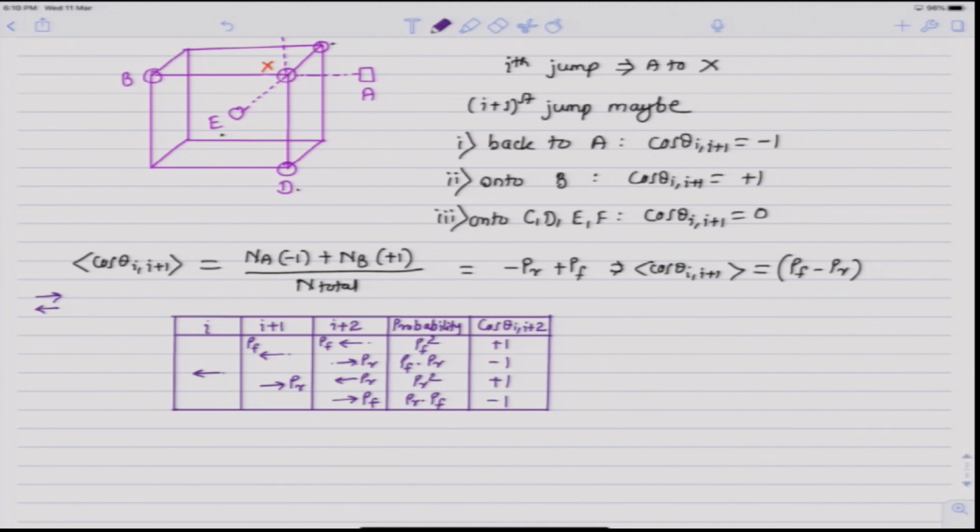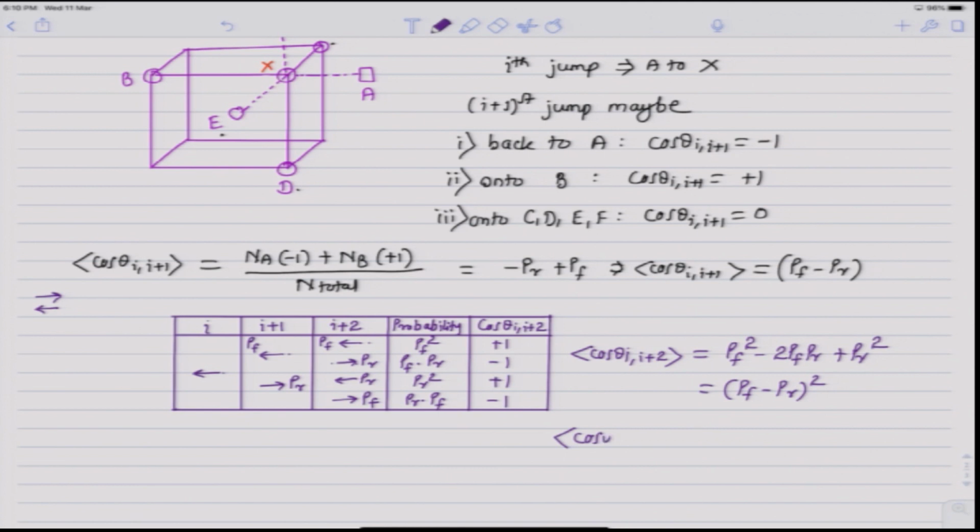So, the average of cos theta i+2 would be P_F squared minus 2 P_F P_R plus P_R squared. If we sum this and multiply by the corresponding cos theta i+2, we get this, which should be equal to (P_F minus P_R) squared.